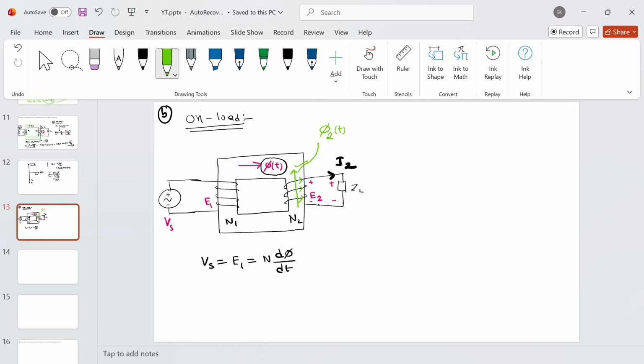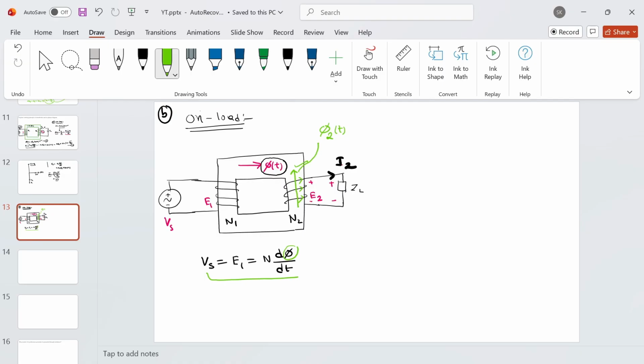Now, this particular equation is saying my phi of t must be constant. Okay, it is time varying, but it should not be varying in amplitude, maybe phi of t is phi m sine omega t. At some moment it is phi t equals phi m sine omega t, another moment it will be phi of t equals 2 phi m sine omega t. That will not be the case, right?